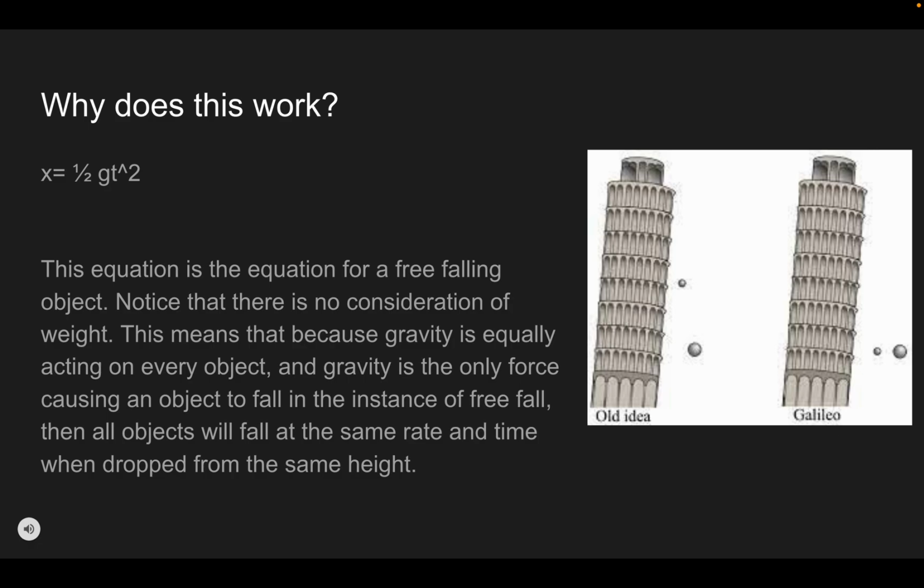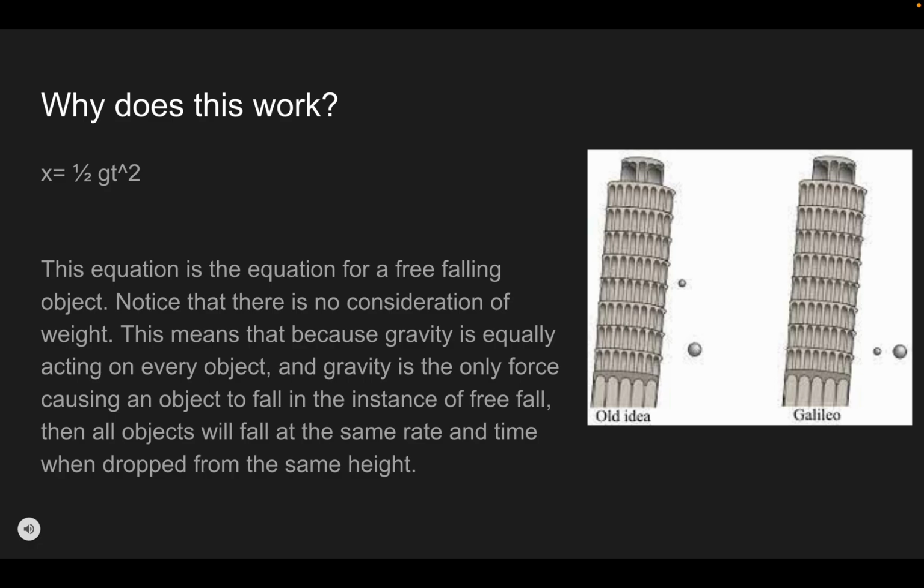As you can see in the picture on the right, there was an old idea by previous scholars that the heavier weight was going to fall a lot faster than the lighter. But Galileo discovered that this is actually not the case. When he conducted the experiment from the tower, he dropped both objects and they fell at the same time.